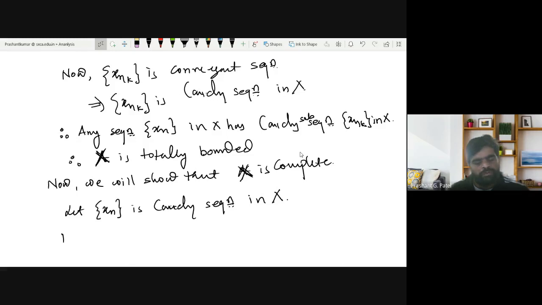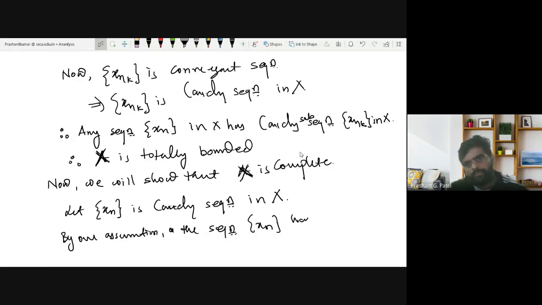So by our assumption, the sequence xn has a convergent subsequence in X.